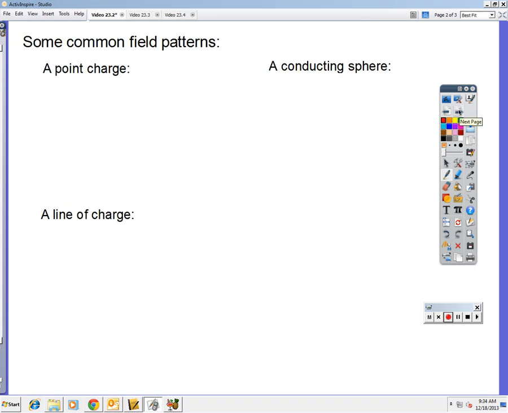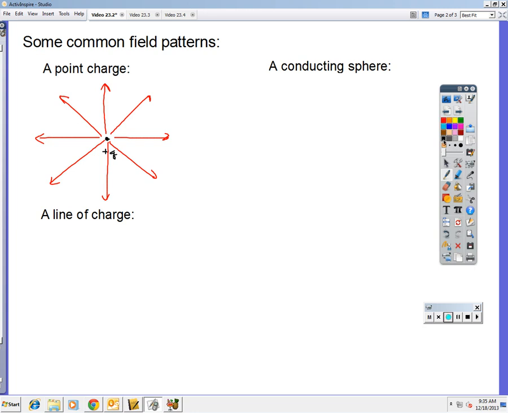Now, the patterns for certain charge distributions: if you have a point charge, the field produced by it will, if it's positive at least, point radially away in all directions. If it's a negative charge, the arrows will be reversed, but that's what it'll look like.